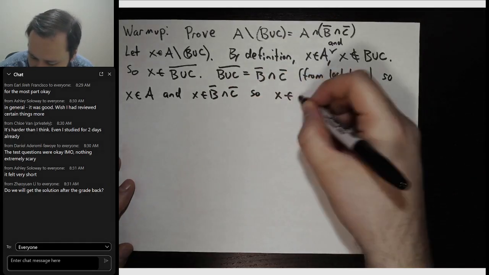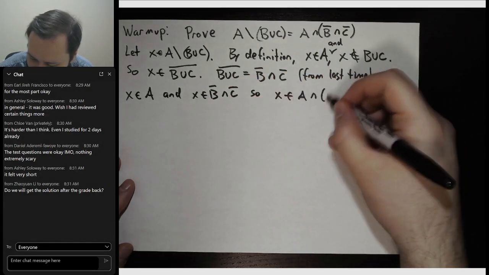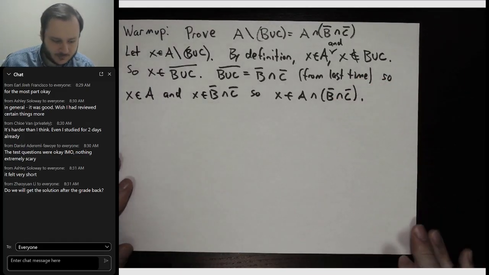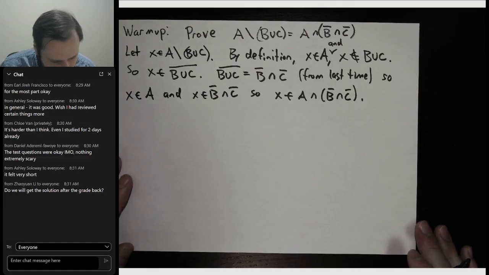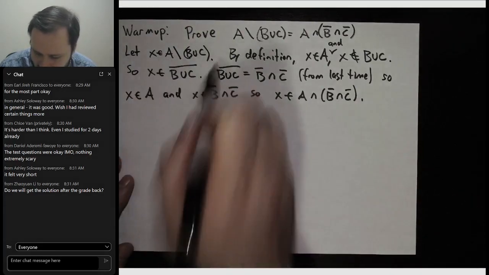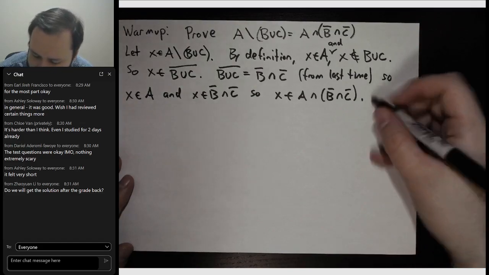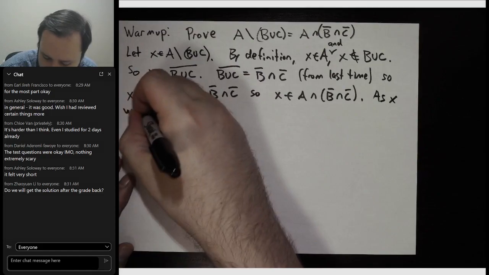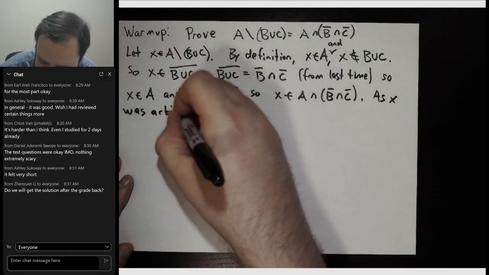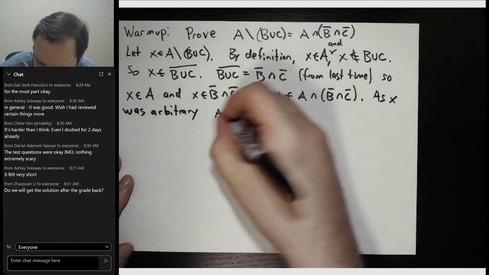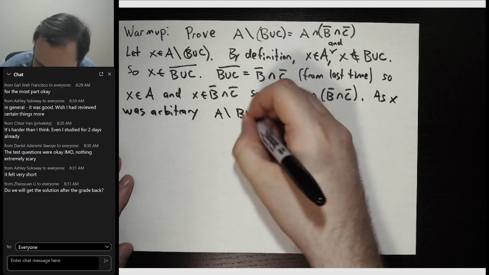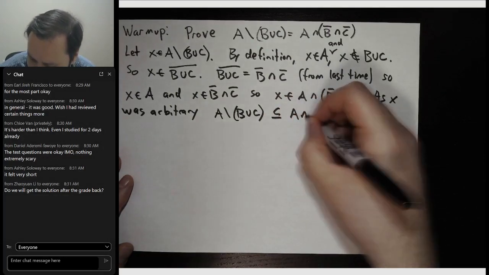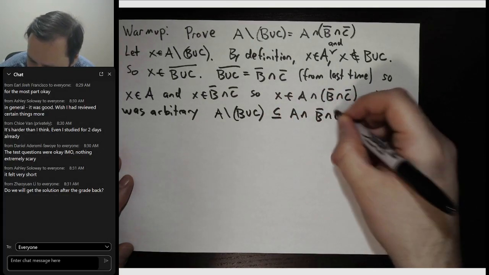So x is an element of A intersected with B complement intersect C complement. And we just picked x arbitrarily, so our rule of universal generalization gives, as x was arbitrary, A relative complement B union C is a subset of A intersection B complement intersection C complement.